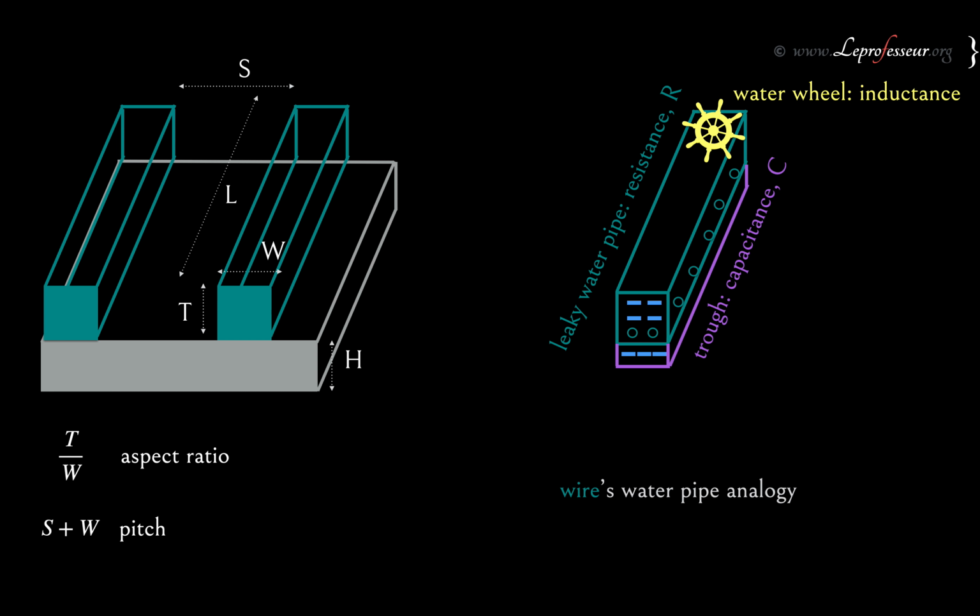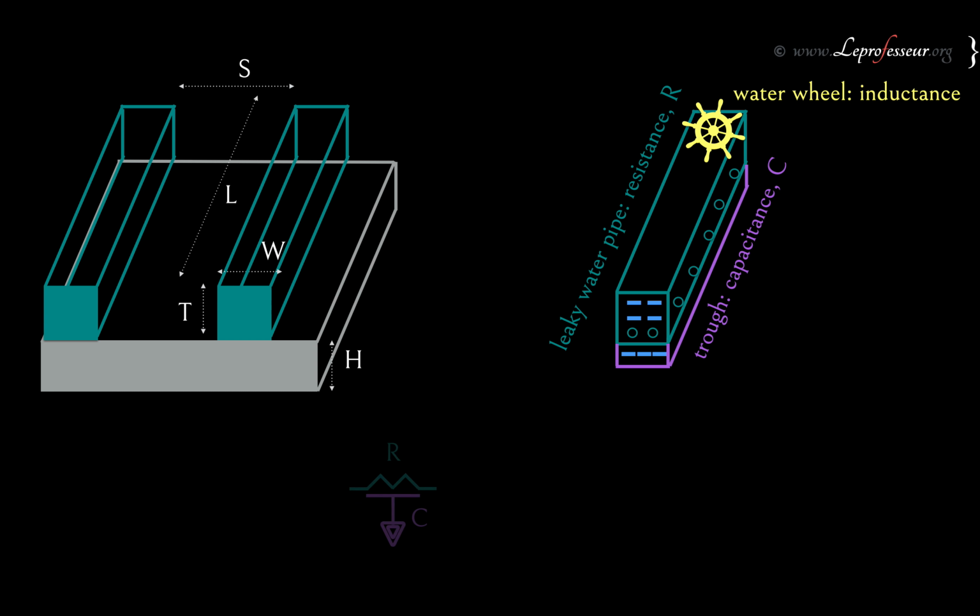That helps to visualize how the current is going to flow in the interconnects. Now we are seeing here that the leaky water pipe is analogous to the interconnect, which offers some resistance and capacitance, so R and C. Resistance, capacitance, and inductance are the three pillars of electronics.